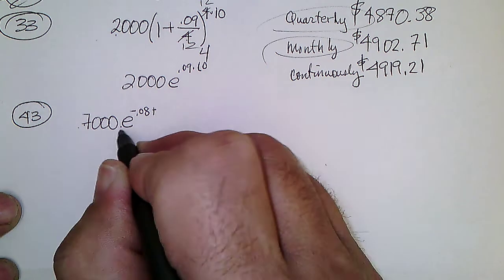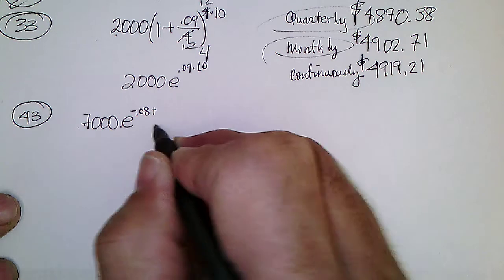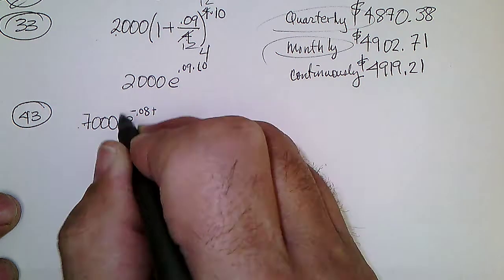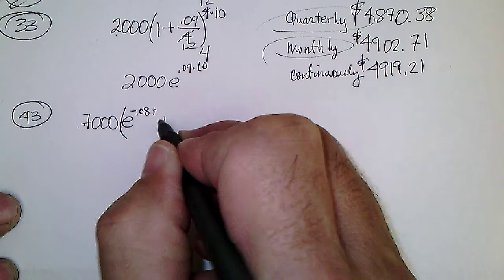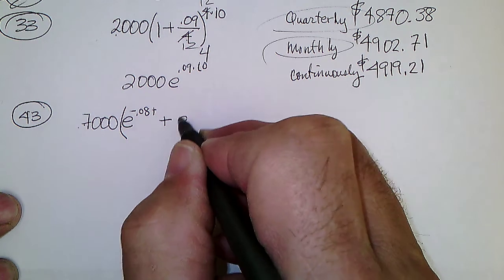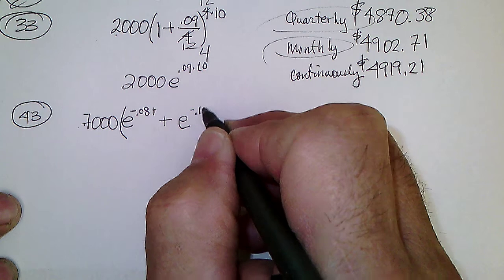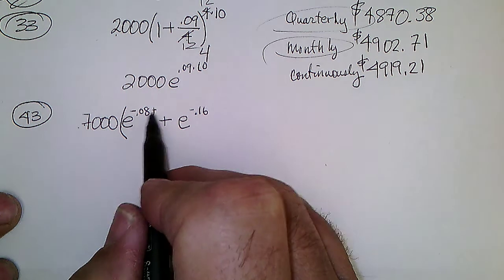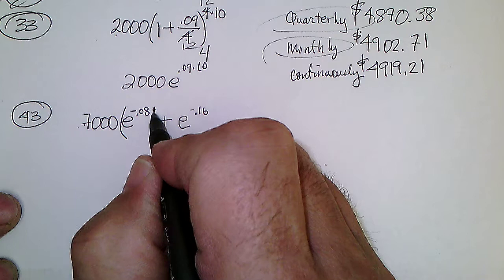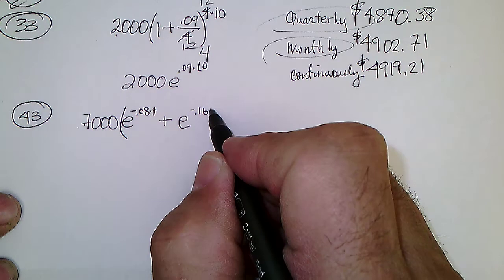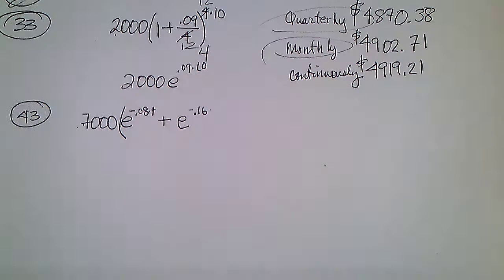And then the second 7,000, you'd have to wait for 2 years. And to back that out, it would be e to the minus 0.16, because this time the t is 2.